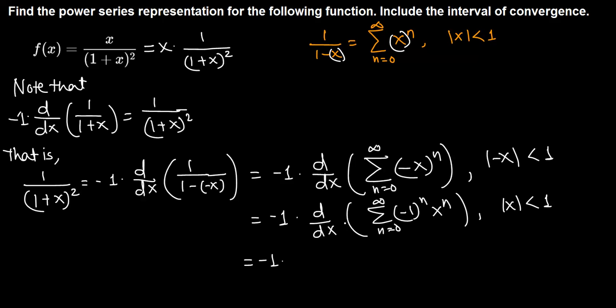Negative 1 times, let's take the derivative. This will be a term by term derivative. So basically we take the derivative of x to the n. This will be the sum n from something through infinity, 0 through infinity, but I'm going to change that in a moment. Negative 1 to the n, derivative of x to the n is, by the power rule, n x to the n minus 1.